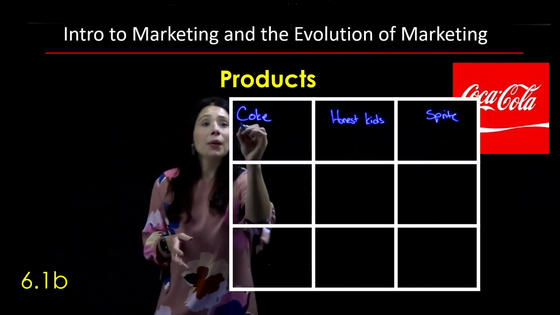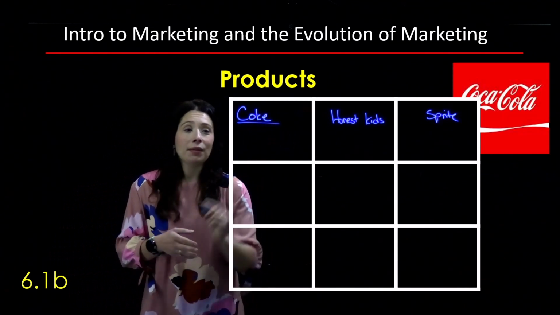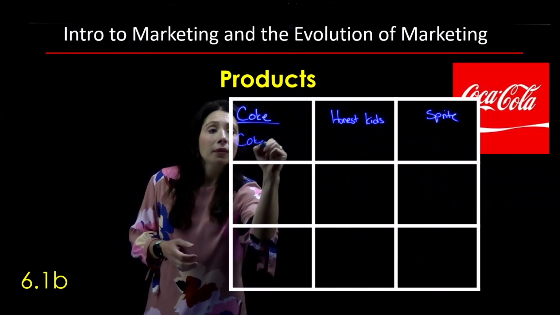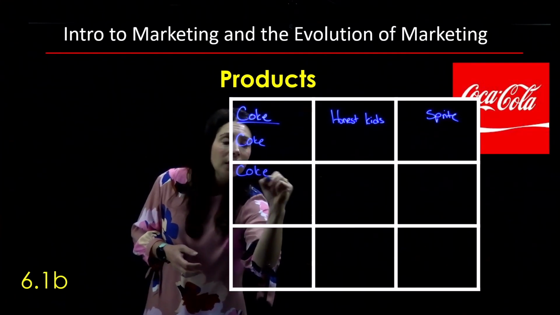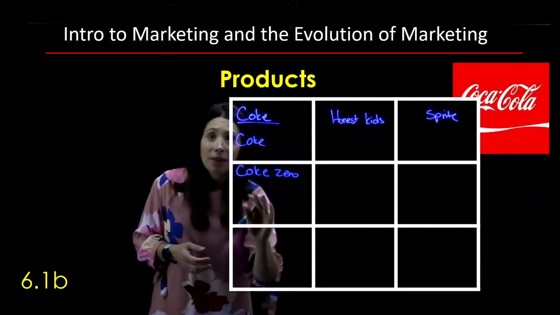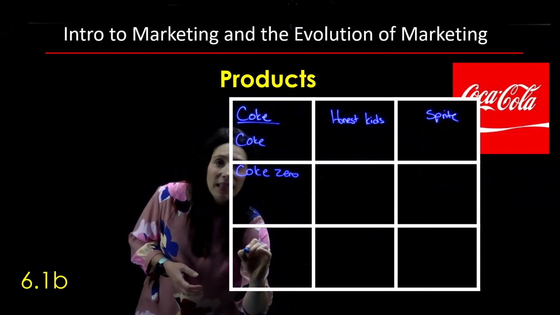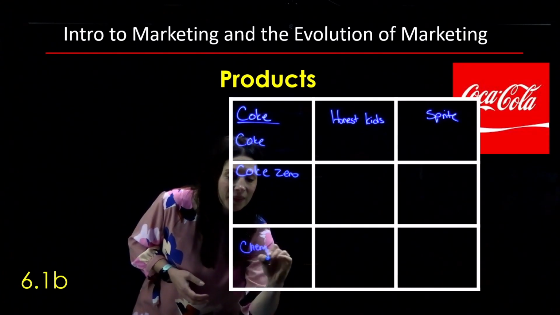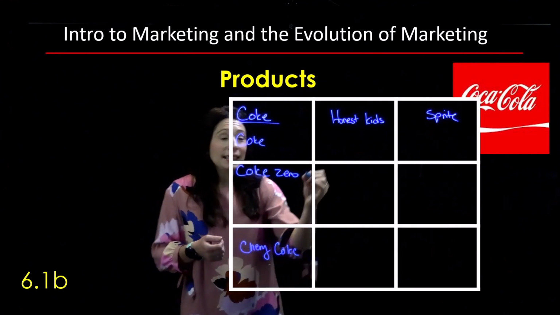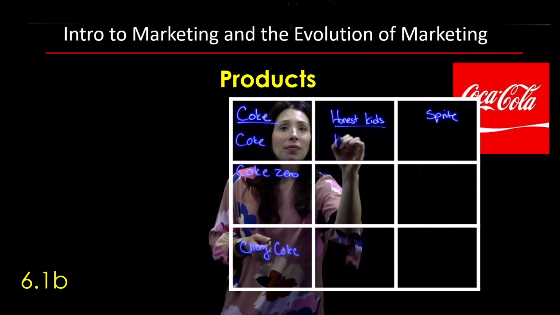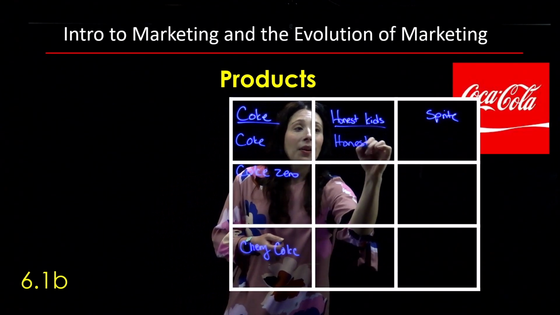Now within Coke, we have Coke, Coke Zero, and the flavors in between. We even have Cherry Coke. Honest Kids has Honest Apple.